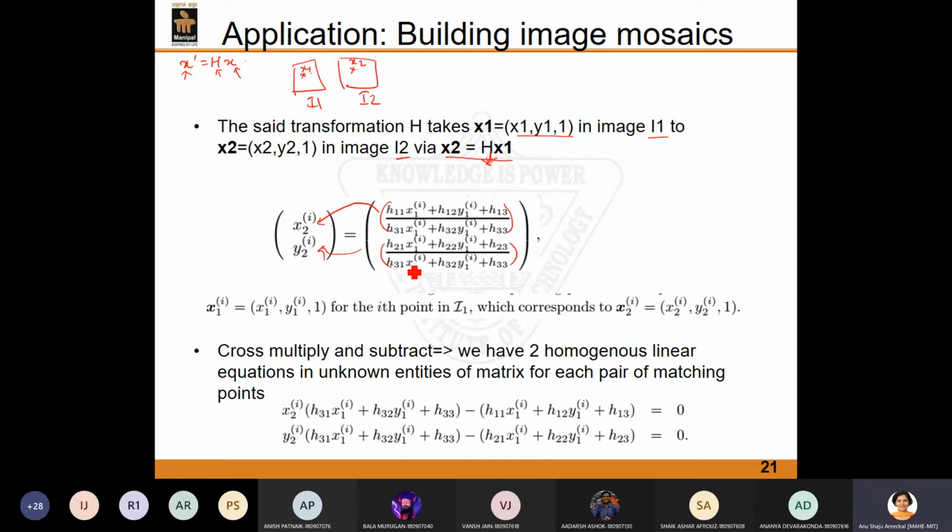Now that we have this equation, we can solve it further to get a system of linear equations, and solve it to find the values of the projection matrix, basically all the elements of H, and thereby the transformation.